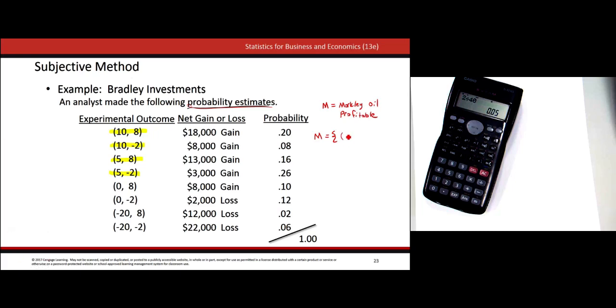which means 10, 8; 10, negative 2; 5, 8; and 5, negative 2. Now how do we calculate the probability of M?